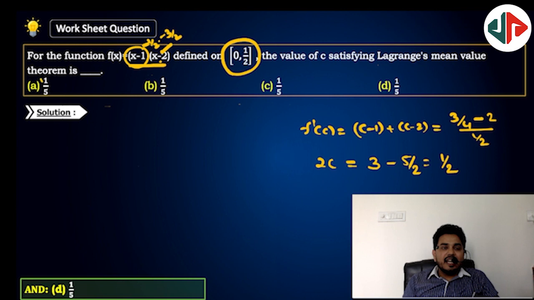I think these answers are wrongly typed, because everywhere it is 1 by 2, 1 by 5. So f of x is x square minus 3x plus 2.